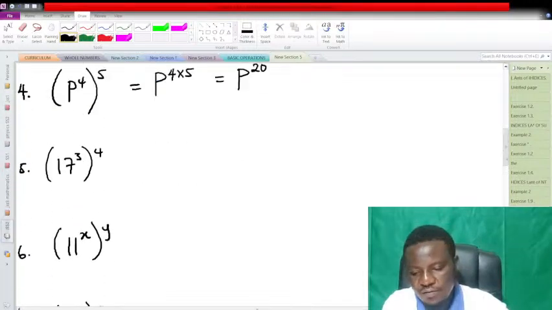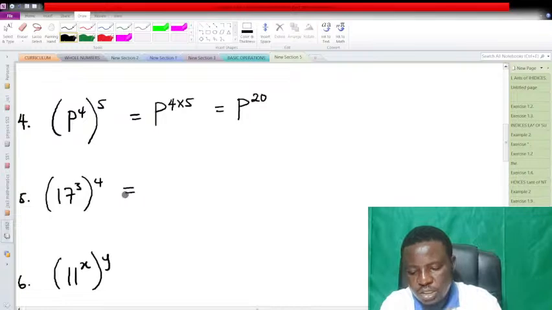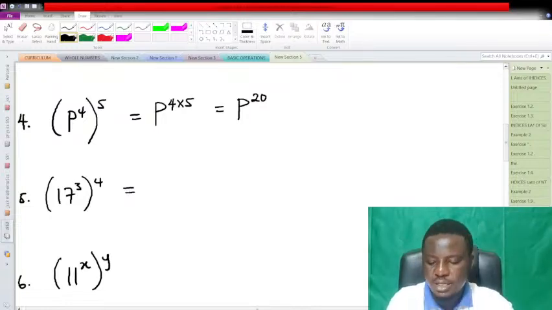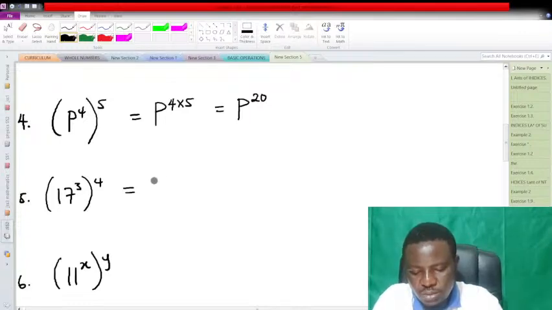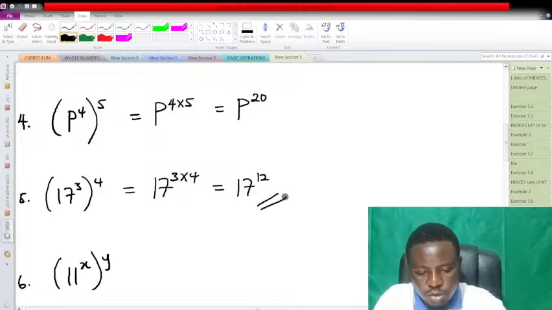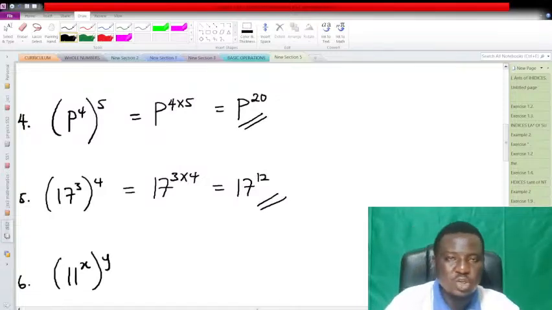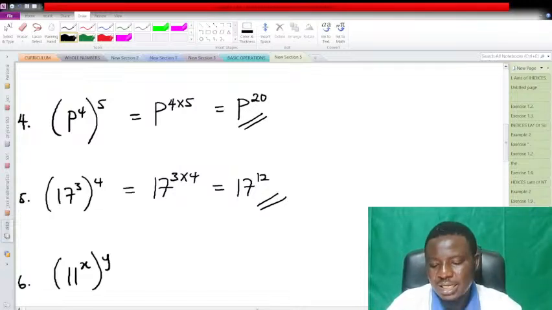And question 5, 17 raised to the power of 3, all raised to the power of 4. This can be simplified as 17 raised to the power of 3 times 4, which is equal to 17 raised to the power of 12. Just like I said, the question warrants us to leave our answers in index form.